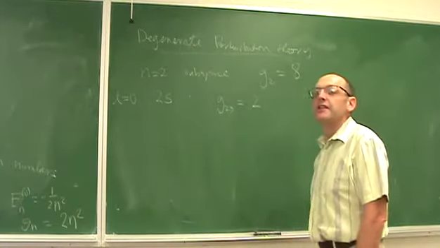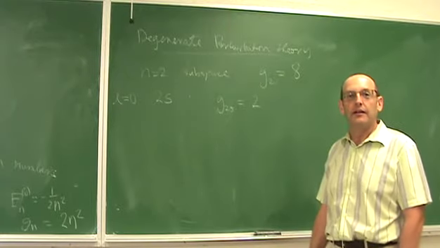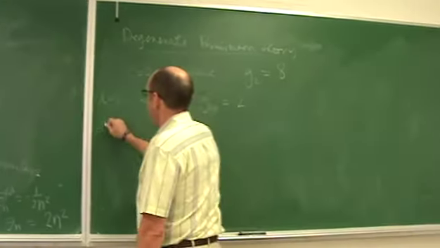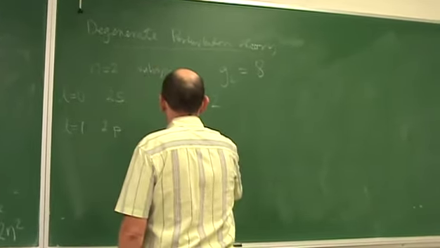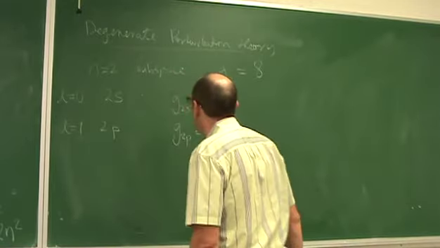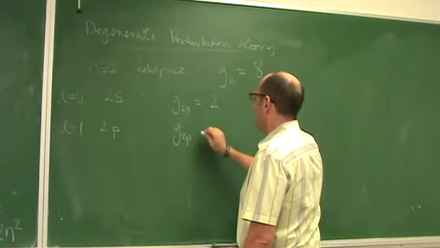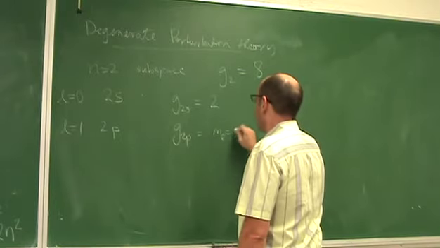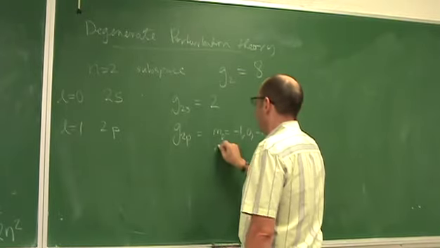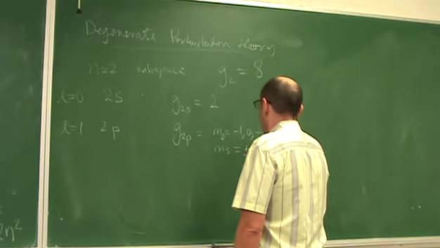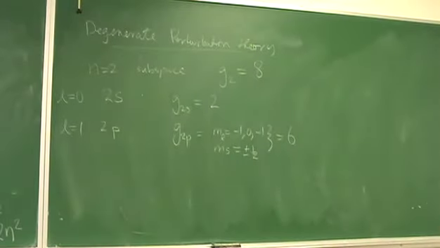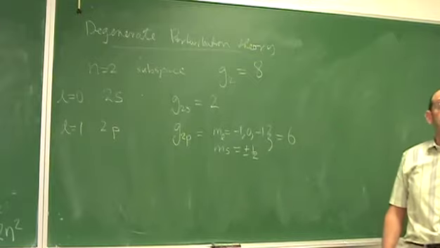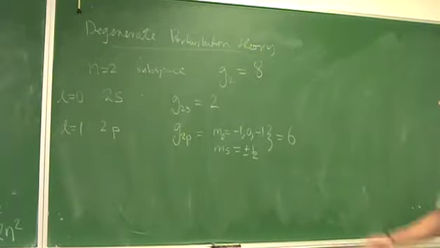So we have a doubly degenerate 2s state. The degeneracy of the 2p state is what? In this case, m sub l takes 3 values and m sub s takes on 2 values, meaning that there are 6 states. 2 m sub s values for every m sub l. Okay? And that's our total 8.